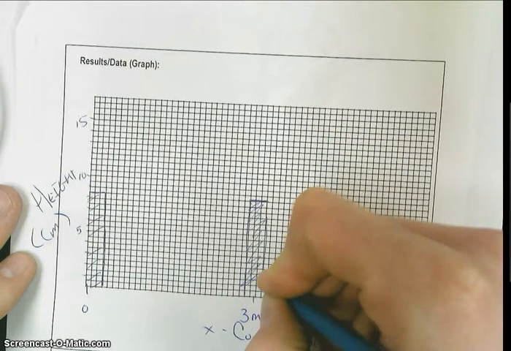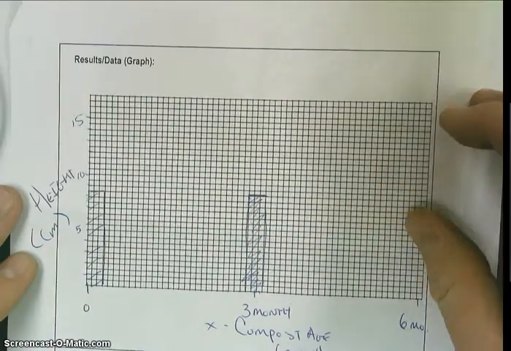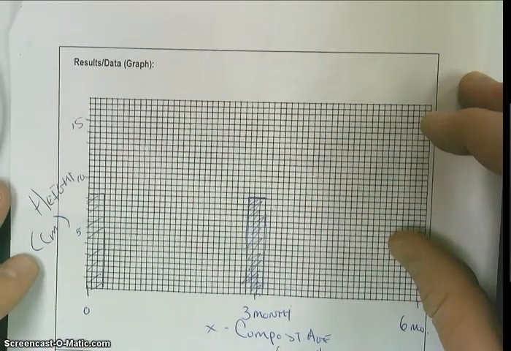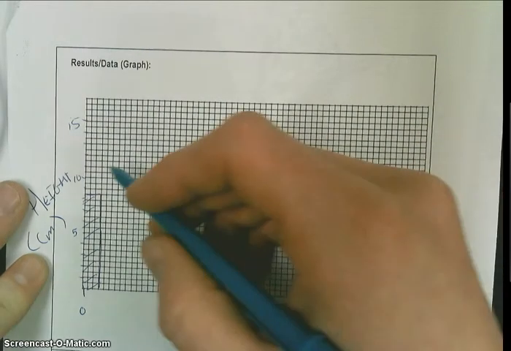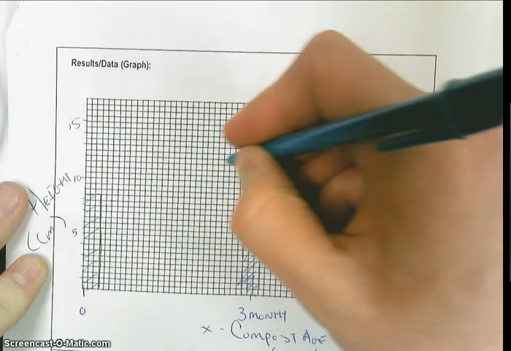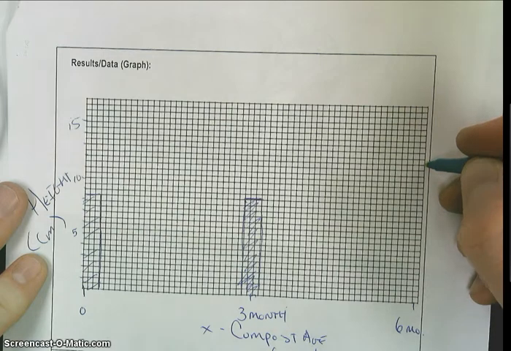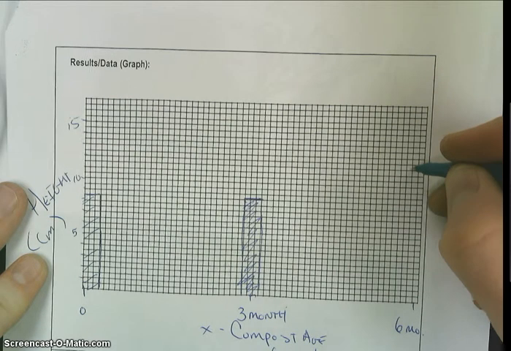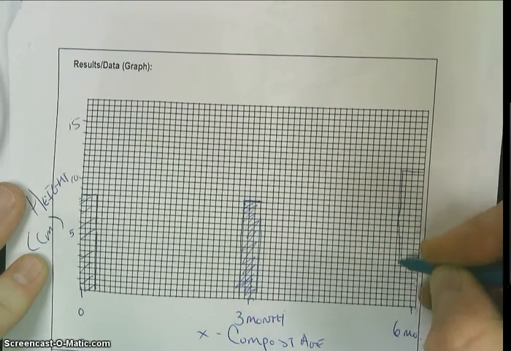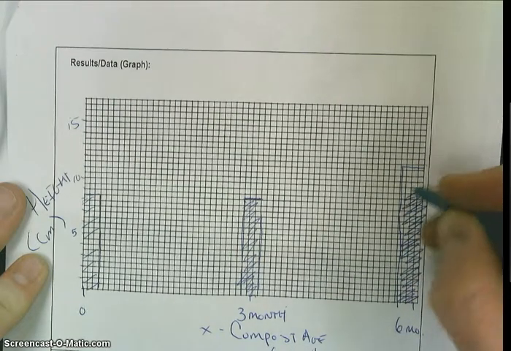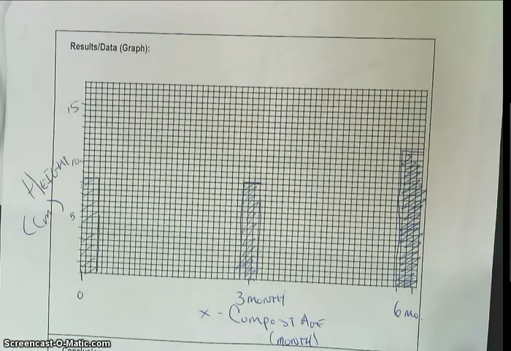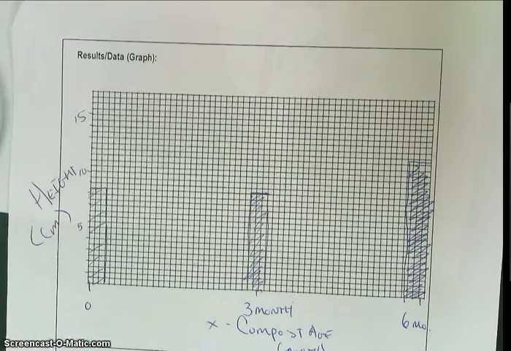So there's my 8.45 line. And then my 6 month we found to be 11.59, so that's going to be almost up to 12. Again, these are approximations. This isn't totally accurate. When we want to be completely accurate, we use computers. But there it is. We can draw a meaningful conclusion from that.